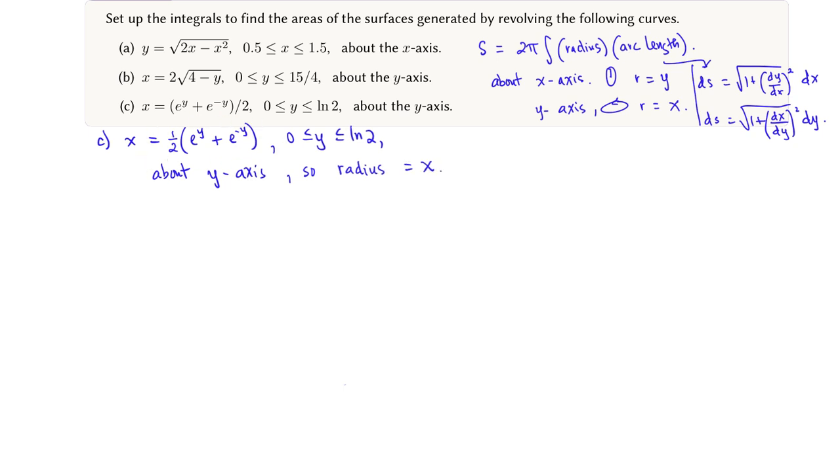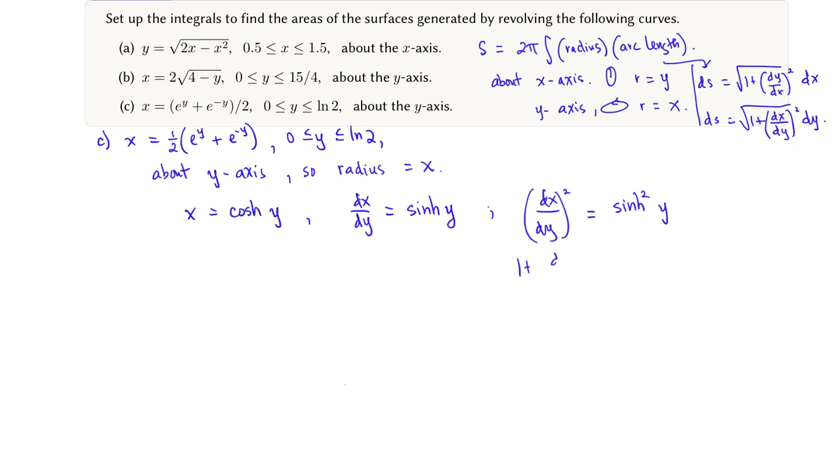But we recognize that 1/2 e to the y plus e to the negative y is actually the definition of hyperbolic cosine. And so dx/dy is hyperbolic sine of y. And then when we square it, we have the square of hyperbolic sine y.